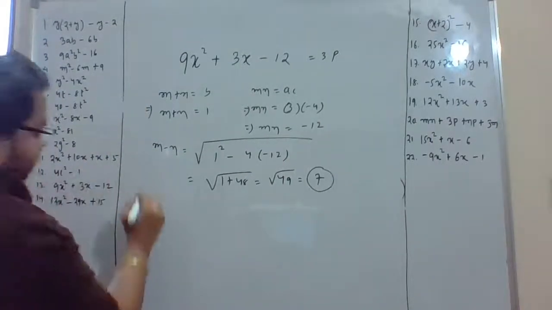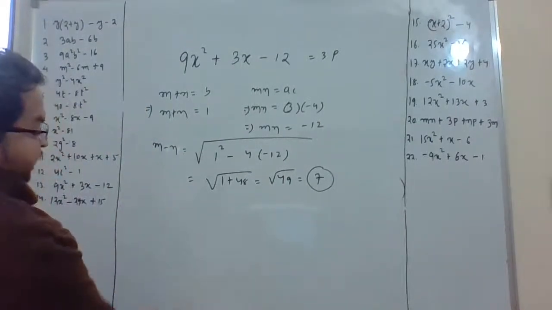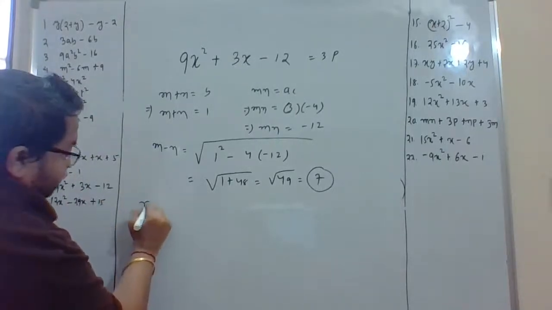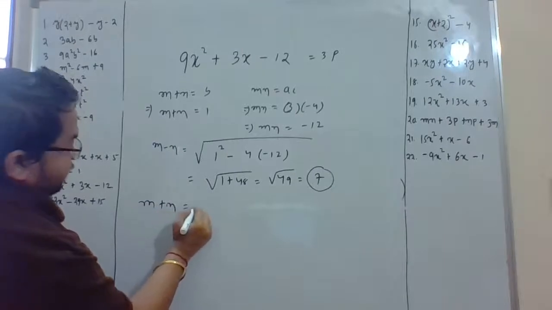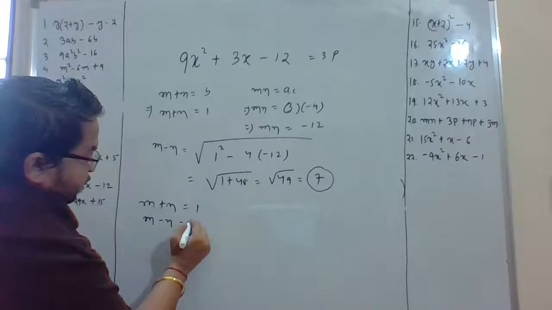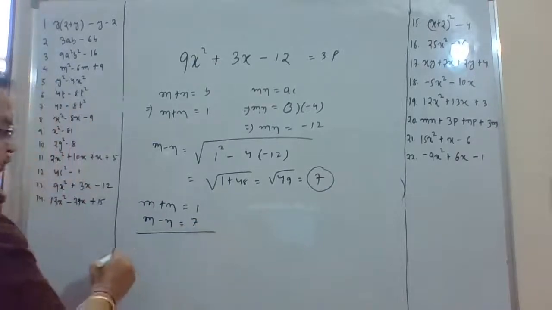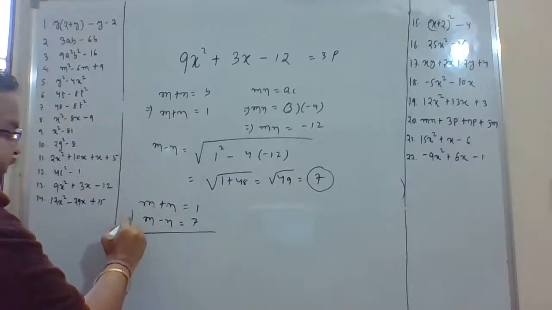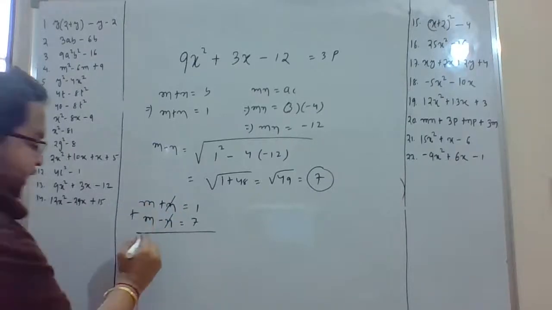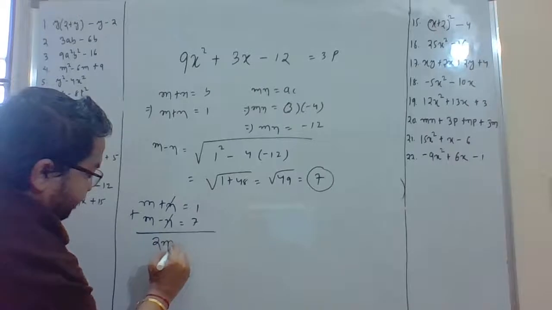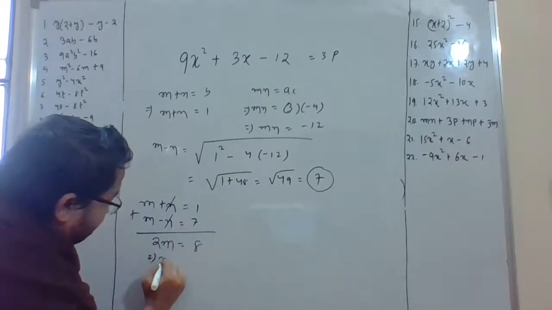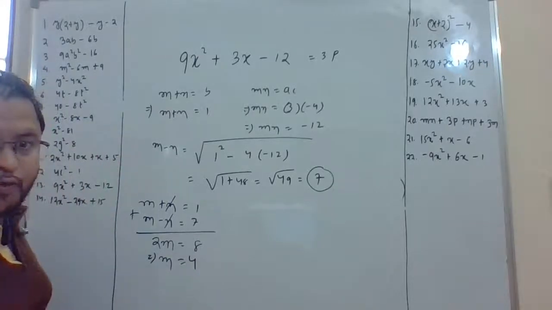Now we'll use simultaneous equations. m plus n equals 1, m minus n equals 7. If we add both equations, n minus n gets eliminated, and 2m comes out to be 1 plus 7 equals 8, so m is 4.